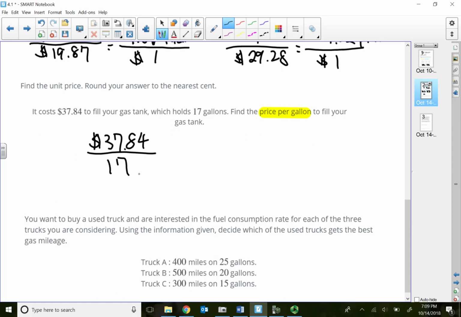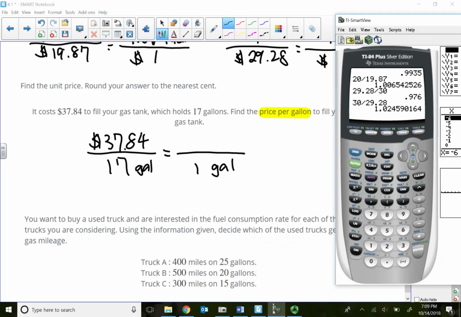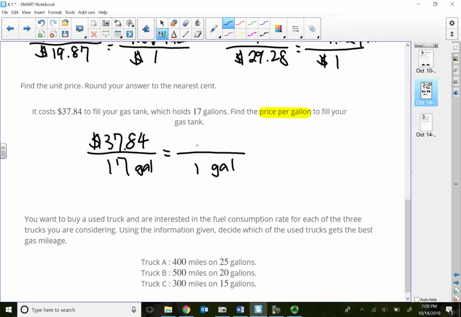Per gallon means I want to find out how much money for 1 gallon, so my denominator needs to end up being 1 gallon. Once I use my calculator to divide 37.84 by 17, this is 2.23 over 1. The 1 in the denominator means 1 gallon. Rounded to the nearest cent, that will be $2.23 per gallon.